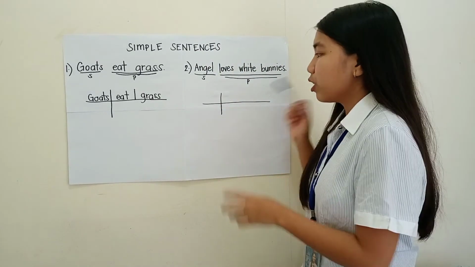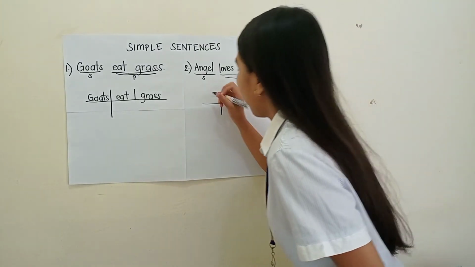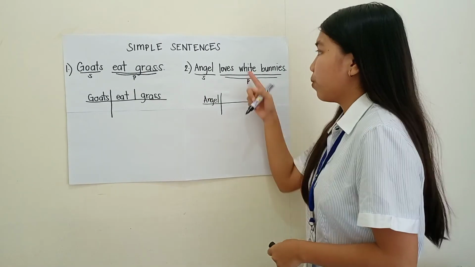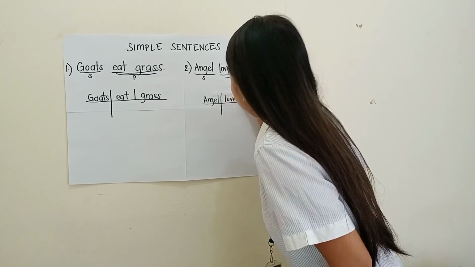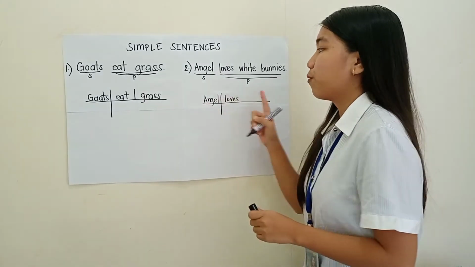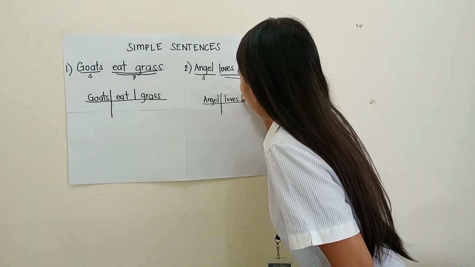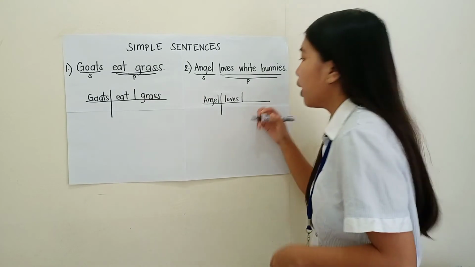And then we put our subject on the left side, so we write Angel. And our action verb, which is loves, right here. And we should put another vertical line that does not go through the horizontal line. What does Angel love? Angel loves bunnies.